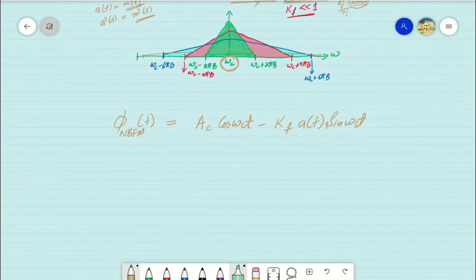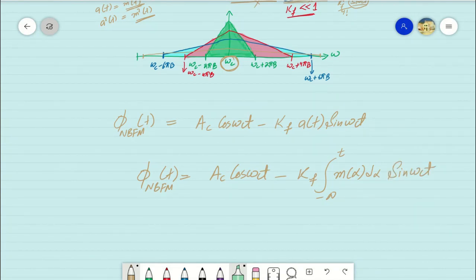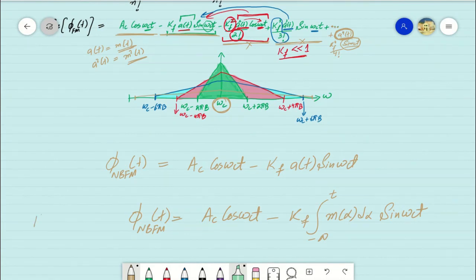If we substitute the value of a of t, then the final expression for narrowband frequency modulated signal can be written as a pure sinusoid Ac cos of omega ct minus a scaled variant of the integrated variant of information signal, that is m of alpha being integrated from minus infinity to current time instant and shifted across omega ct. This holds when kf is a very small number.